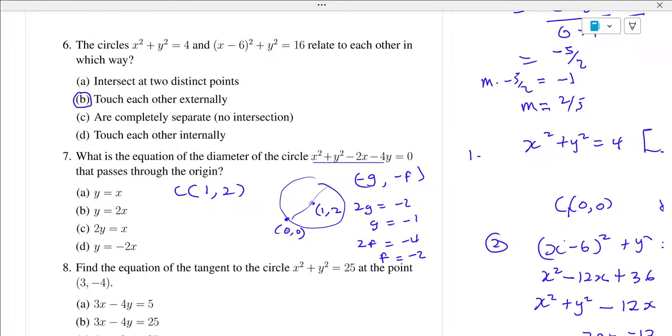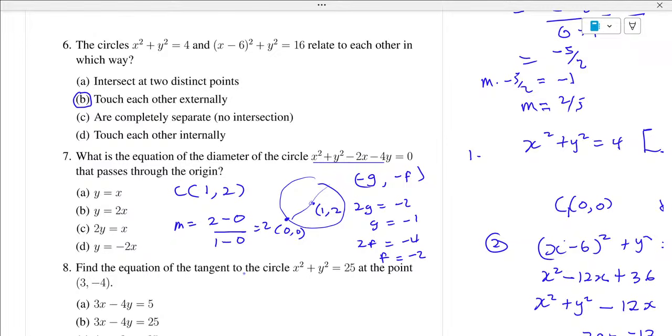With these two points on the diameter, we can find the gradient. That is y2 minus y1 over x2 minus x1. So our gradient m is equal to 2 minus 0, all over 1 minus 0, and that gives us 2.